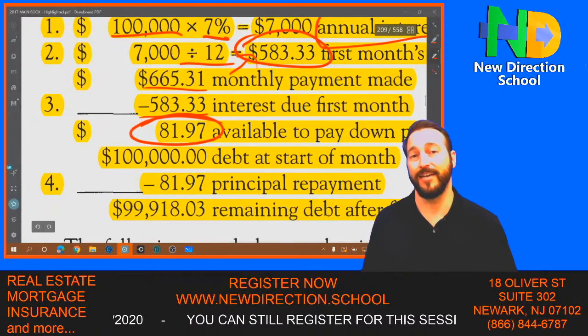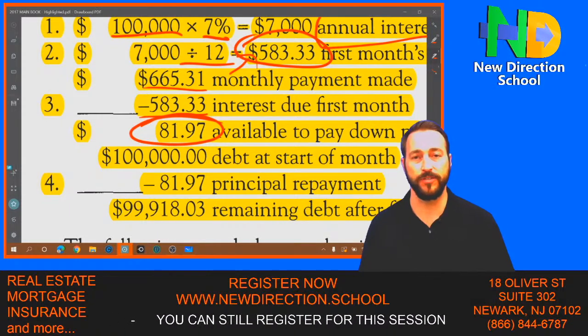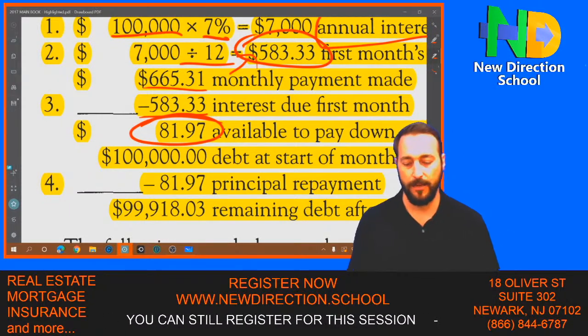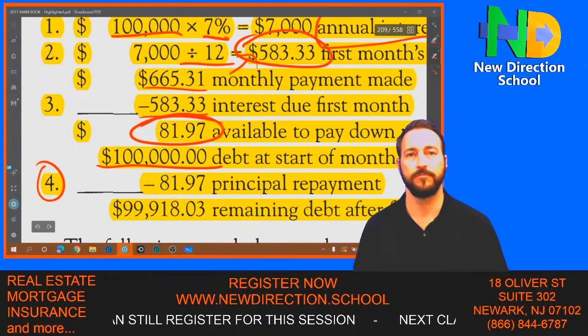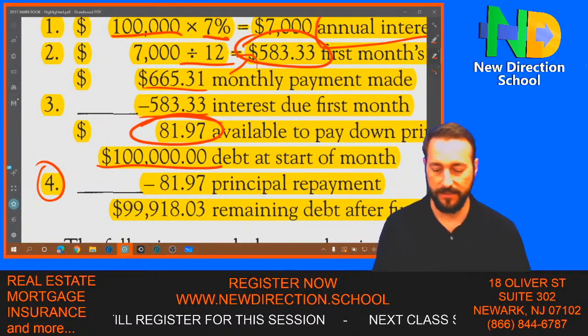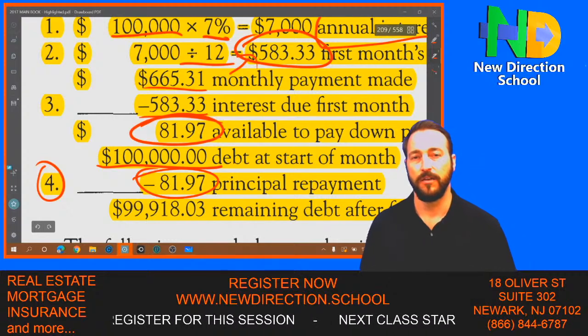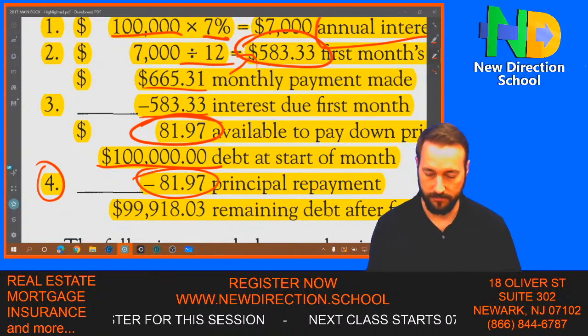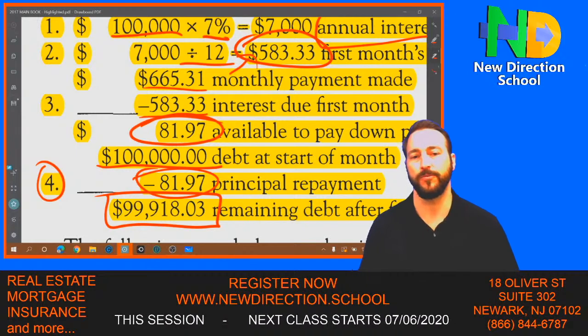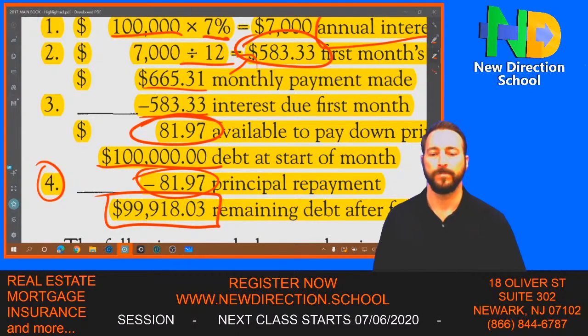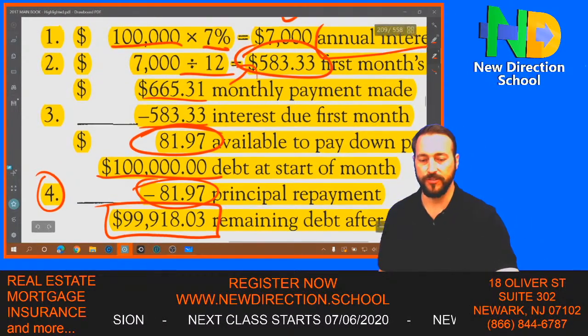And now that you figure out that $82 is how much goes to principal, well, it's step 4. You borrowed $100,000, right? Minus the $82. What is the balance of the loan? $99,918.03. Okay? So 4 steps.